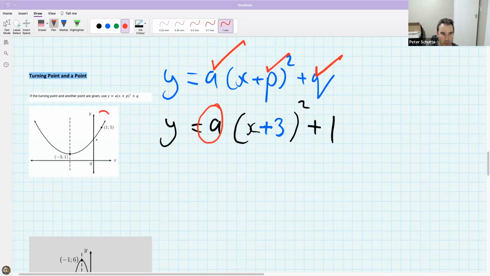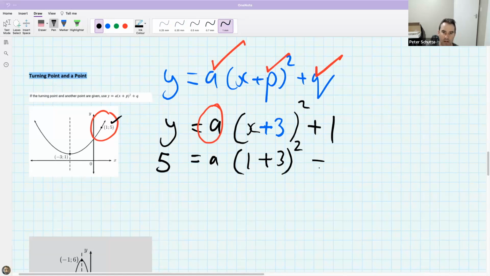And so all you have to do now is find what A is. But you have another point. So how do you work with it? Well, you put where the y is 5. So 5 equals A, and then for x is 1. Now 1 plus 3 is 4, and 4 squared is 16. We've got a plus 1.